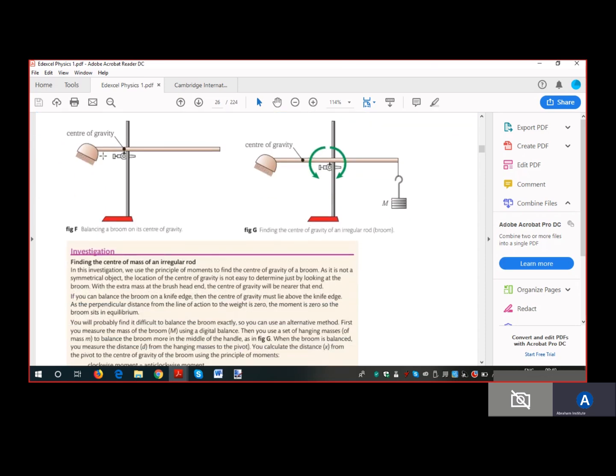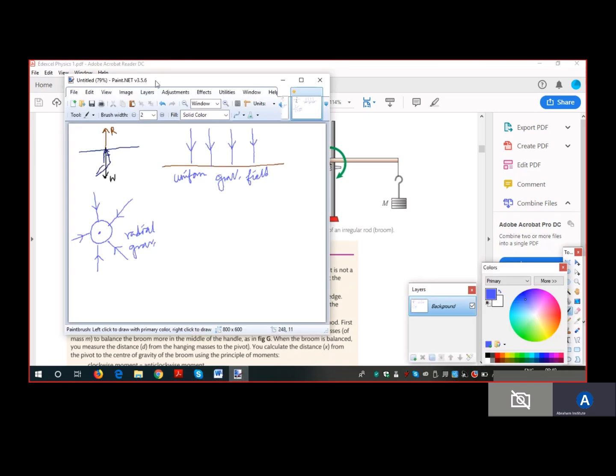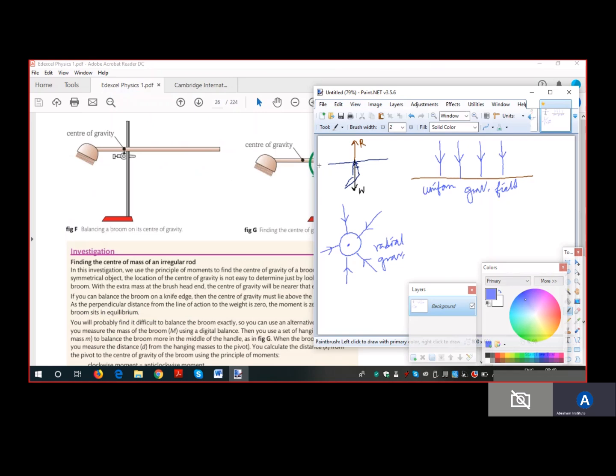Now, if you consider something like this, this is what I explained earlier. If you take this object, the center of gravity is here, and the reaction force is also at the same point, on the same line of action. Let's say this is the broom or whatever object, and this is the pivot, so the support is here like this.